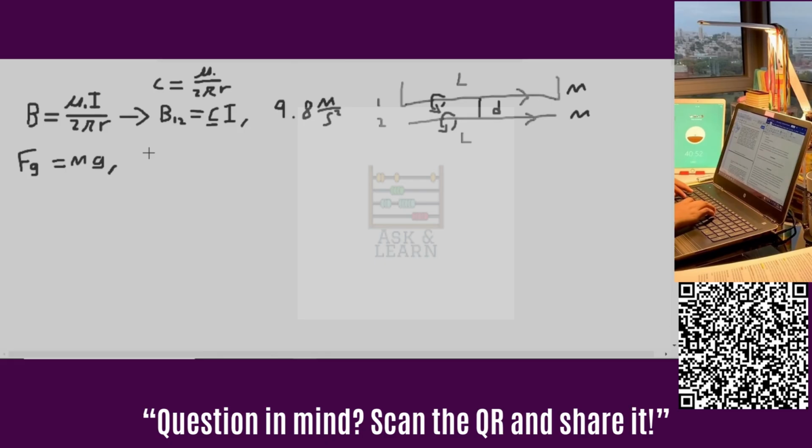Our force for a magnetic field with a current, let's give it an abbreviation also. We'll call it F sub B because it's from a magnetic field. F sub B is equal to ILB.